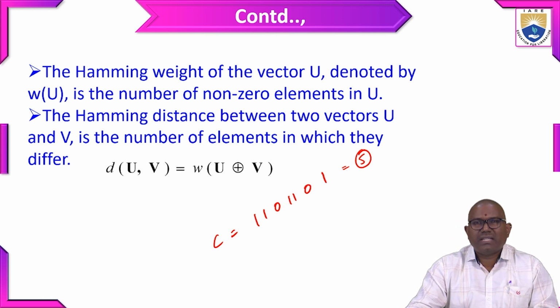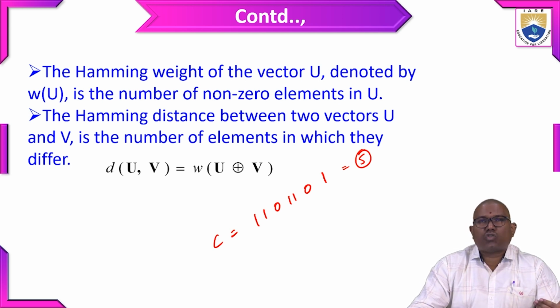What is d? d is the Hamming distance between the two vectors u and v. By finding the modulo-2 sum or XOR operation between these two vectors, you can get the Hamming distance.